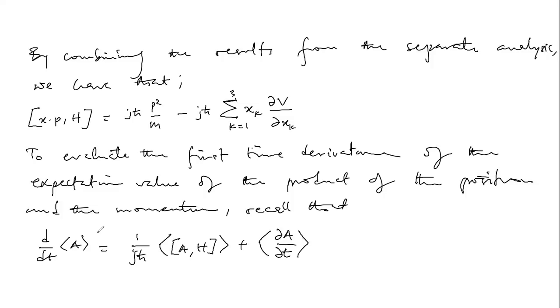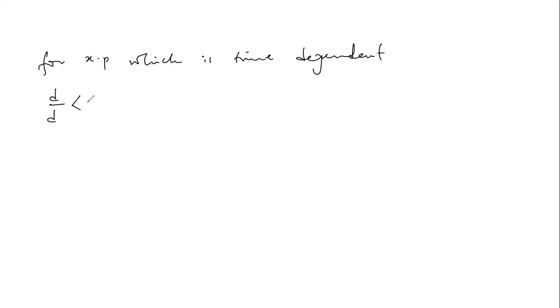So going by this, we can now say that for the product, which is time dependent, the first time derivative of the expectation value of the product of the position and the momentum will therefore be the same as 1 over jħ times the expectation value of the commutator between the product and the Hamiltonian, which gives 1 over jħ.